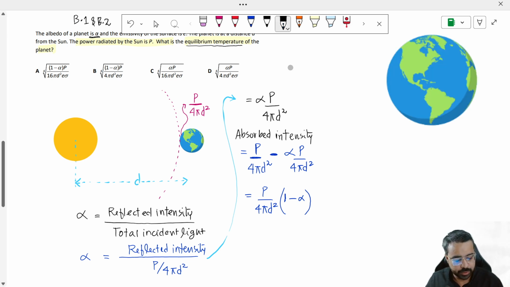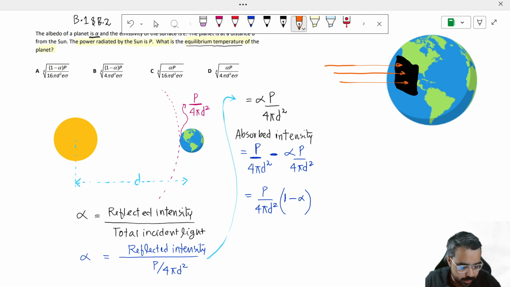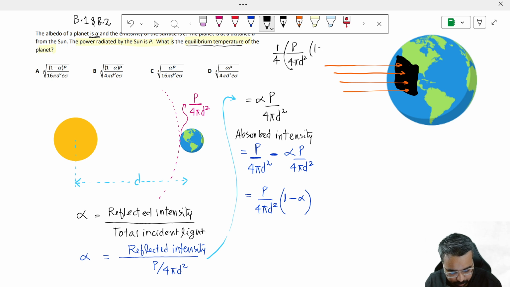Students, let me show you that this is the area which is going to be exposed by the light. Otherwise the light will not be incident on the rest of the area, and all the light will be absorbed on this part. So this is, as I said, 1/4. So I must take 1/4 of the light that is hitting the surface, so this one into 1 minus alpha.